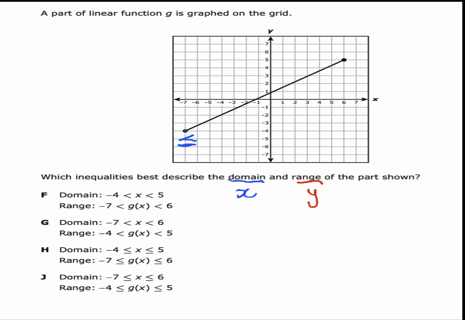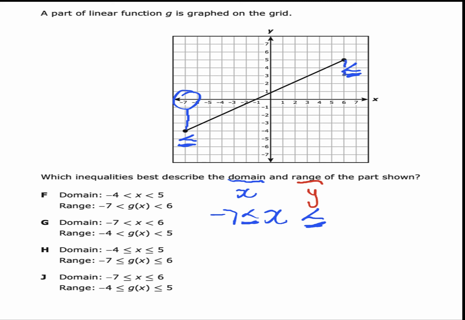And where are we starting on the x-axis? I'm going to go up. Notice I'm starting at -7. So this would be -7. I have my inequality symbol. X is in the middle. Here, this is the ending point. I notice that it's closed. If it's closed, it's also going to have the line under. Now, where are we ending for our x?